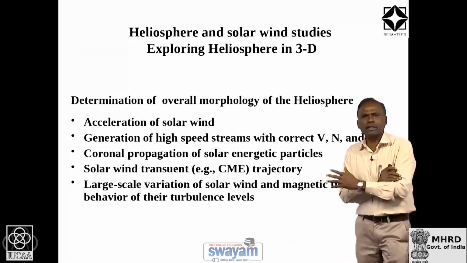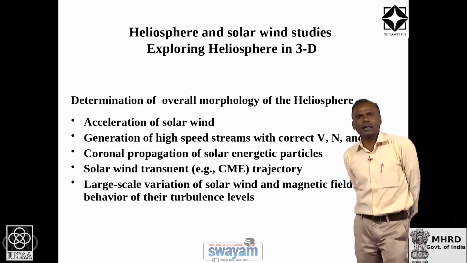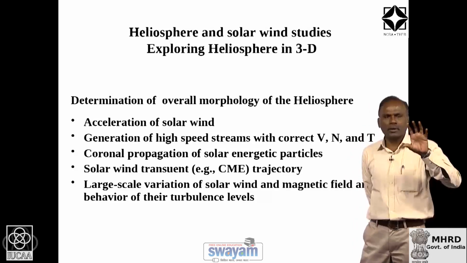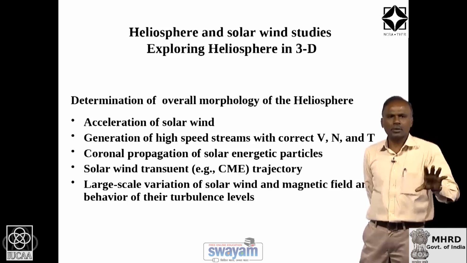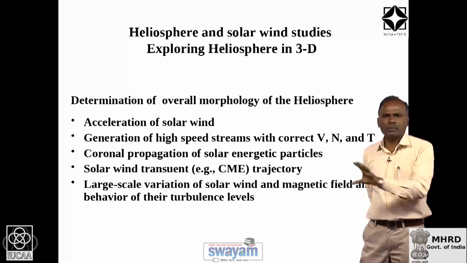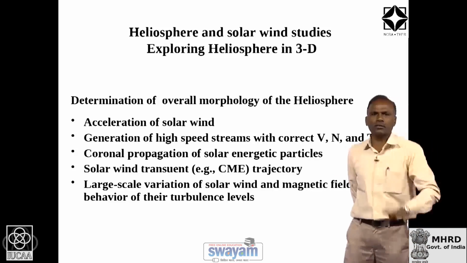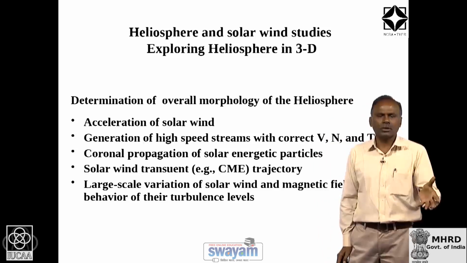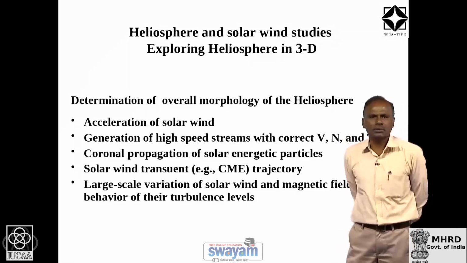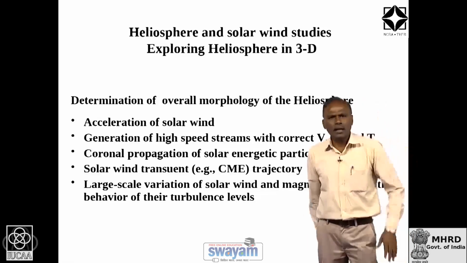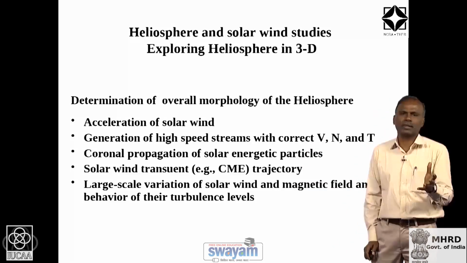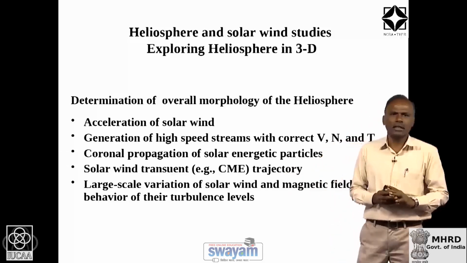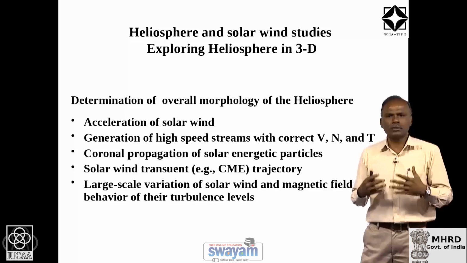Heliosphere and solar wind studies involve exploring the heliosphere in three-dimensional space. As I told, we study the acceleration of the solar wind from the solar surface to outer distances: how the solar wind is accelerated from zero velocity, from the thermal velocity, to supersonic speed, and how high speed streams with a given speed, density and temperature originate. We also study the coronal propagation of solar energetic particles.